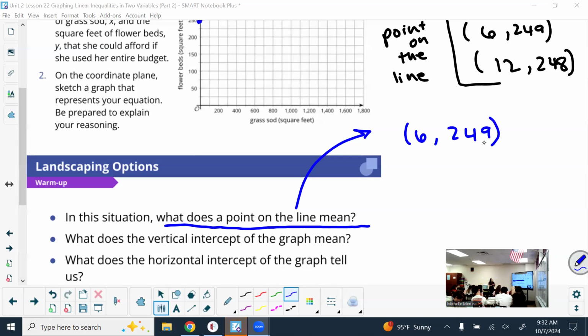This coordinate that's on the line, when I relate it back to the real world situation, that 6 is 6 square feet of grass sod. That 249, that y value, read what it says on the y-axis. What does it say on the y-axis? The square feet of flower beds.